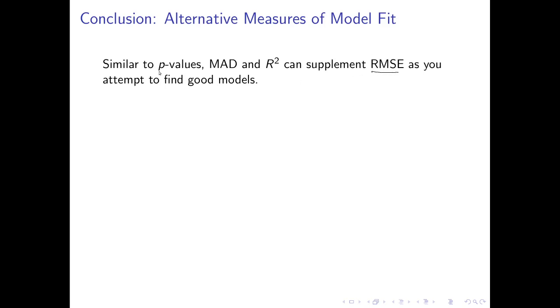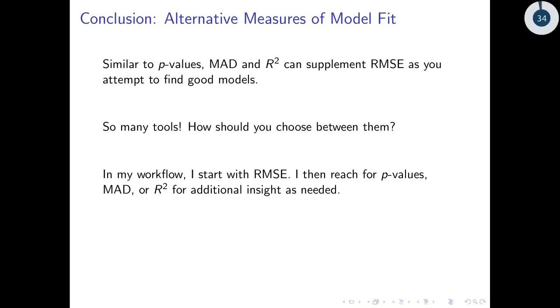You can look at what the t-test says about what coefficients are important. What does the f-test, or the log likelihood ratio test say about what coefficients are important? These are another perspective on measuring if you have a good model. RMSE is one measure. You can use mean absolute deviation and R squared similarly, right? Just use them to get another perspective on if you have a good model, okay?